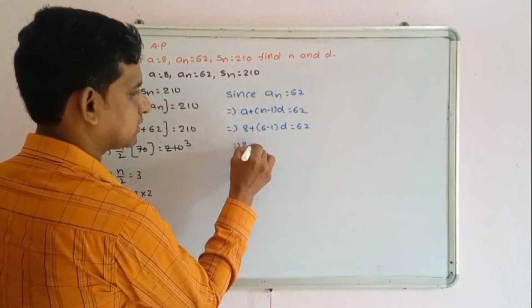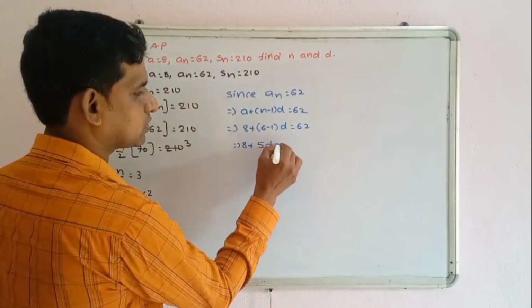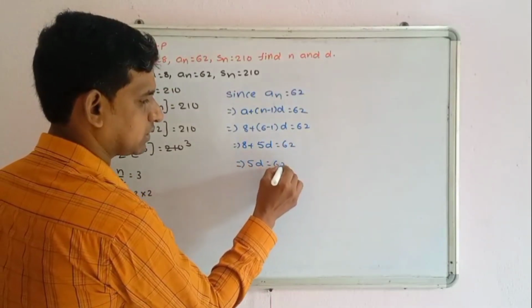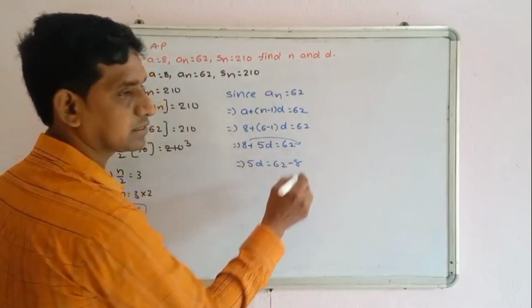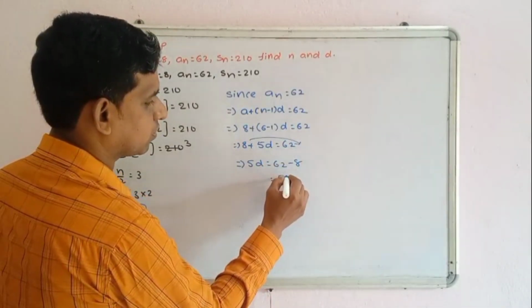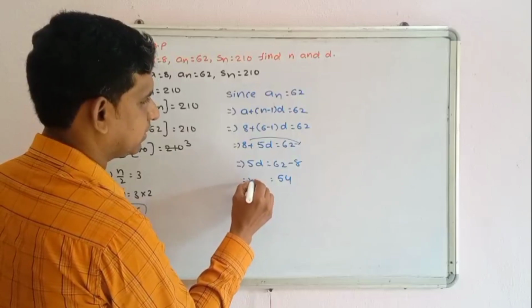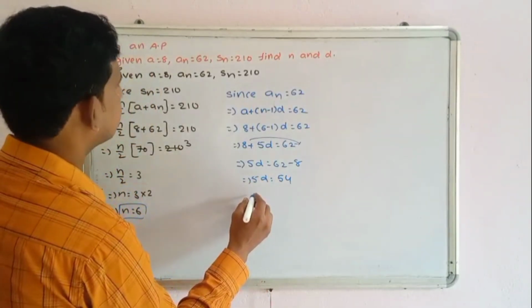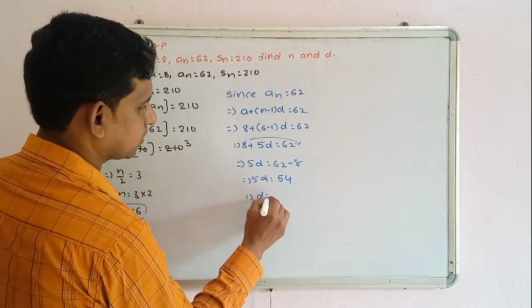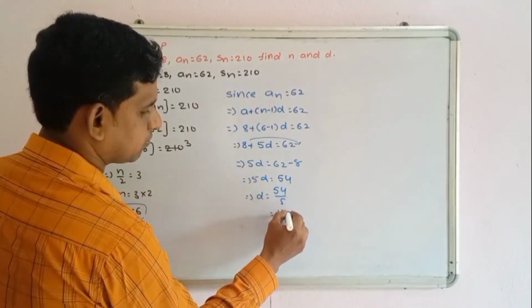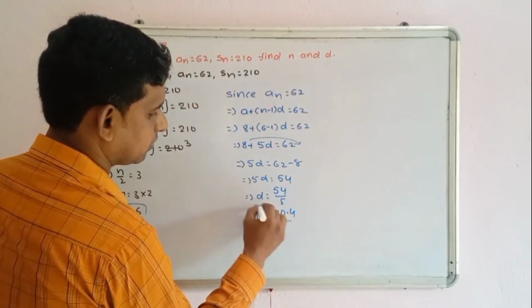So 8 plus 6 minus 1 is 5d equals to 62. 8 transpose to right side minus 8. So 62 minus 8 is 54. So 5d equals to 54. So d equals to 54 by 5, that is 5 ones are 5, 5 tens are 0.4. d equals to 10.4.